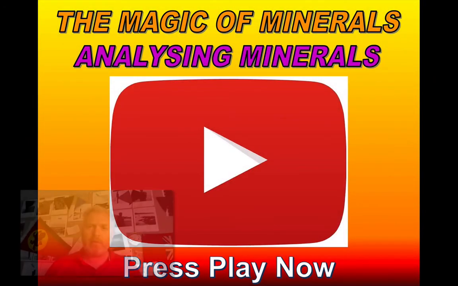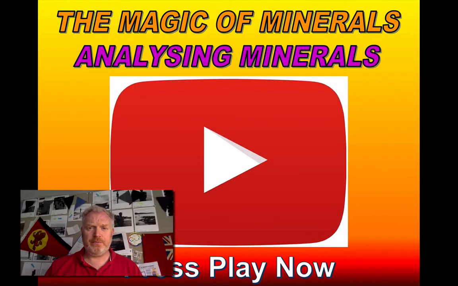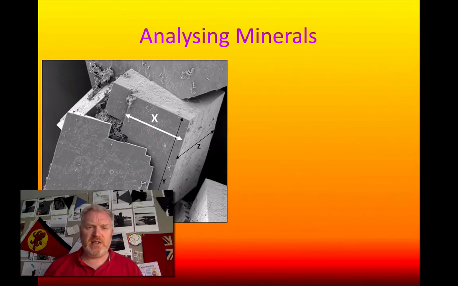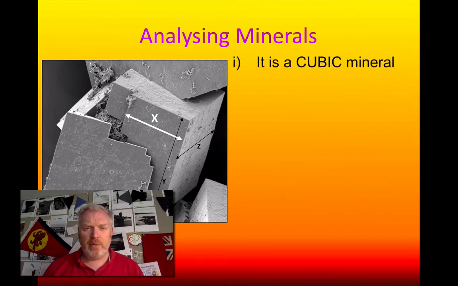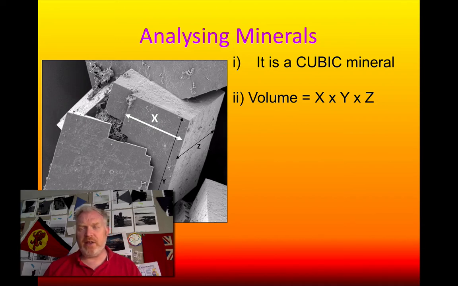Okay, let's have a look at some answers. So this is our crystal that we were looking at. This is a cubic mineral. We've got crystal faces here all at 90 degrees to each other. Now, to work out its volume, we need to multiply the values of x, y, and z together.